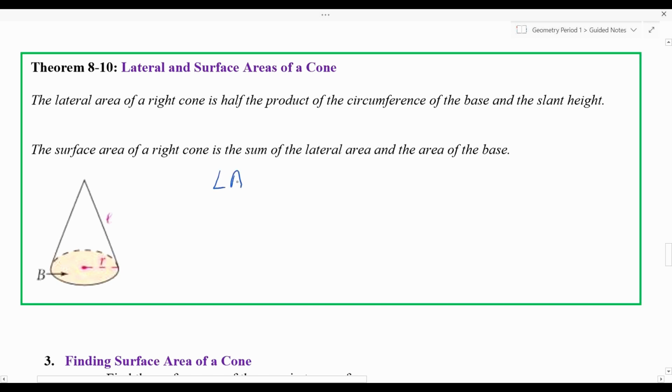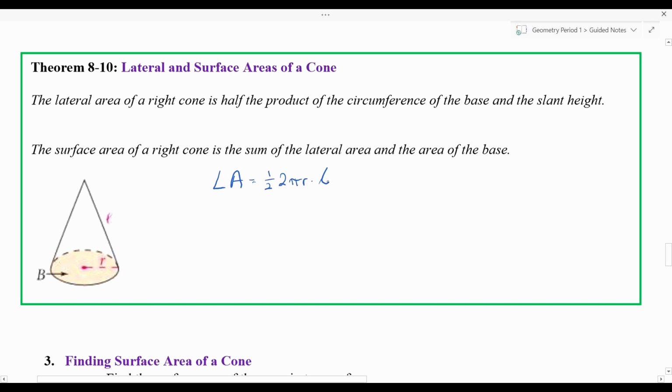Lateral area equals 1/2 times 2 pi r times the slant height L. Notice that I'm using the formula for the circumference here, because I want to know the length around, the perimeter. 1/2 the perimeter, which for a circle is 2 pi r, times the slant height.